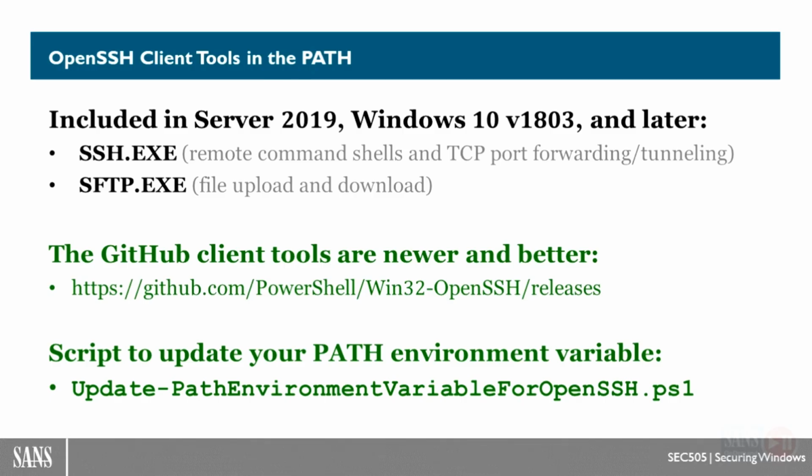So we're going to install our SSH binaries from GitHub into a folder underneath the Program Files subdirectory. So if you have, for example, \Program Files\OpenSSH, that's where Microsoft recommends that these binaries be placed. So that's what we're going to do. And in the lab then, we're going to update our path environment variable to point towards that folder.